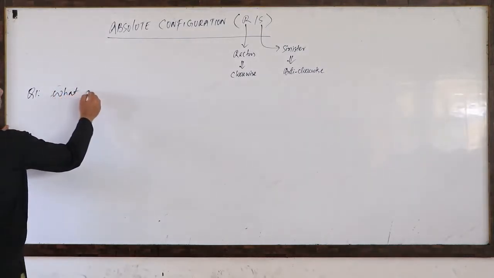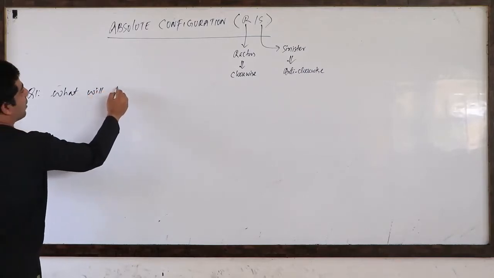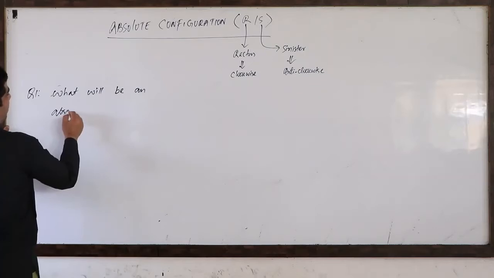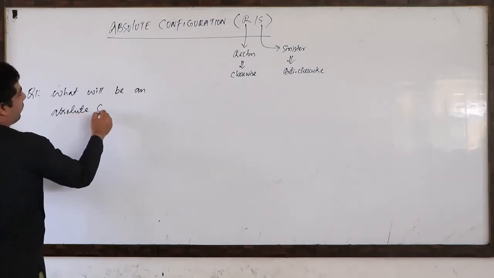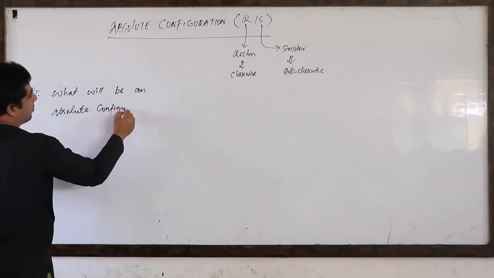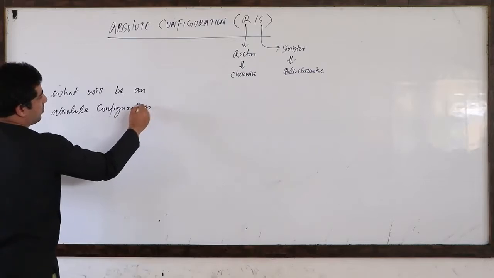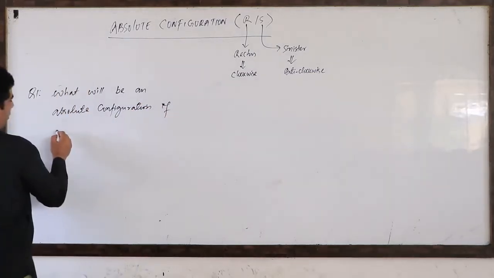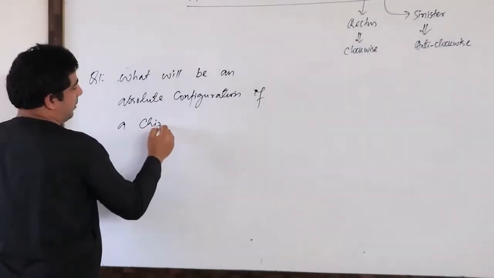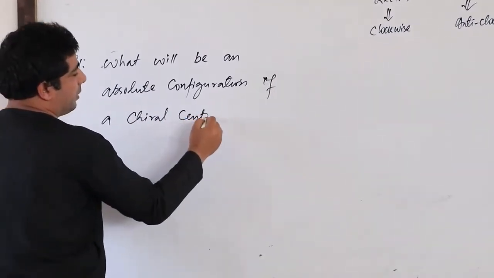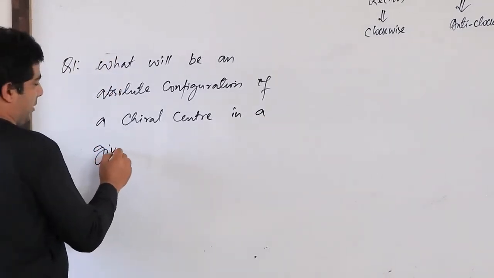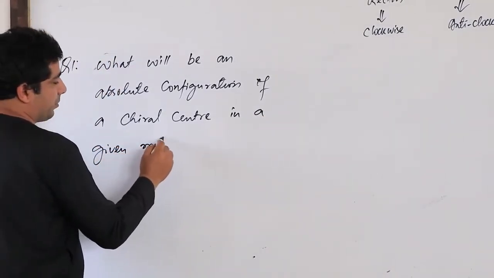What will be the absolute configuration of a chiral center in a given molecule?